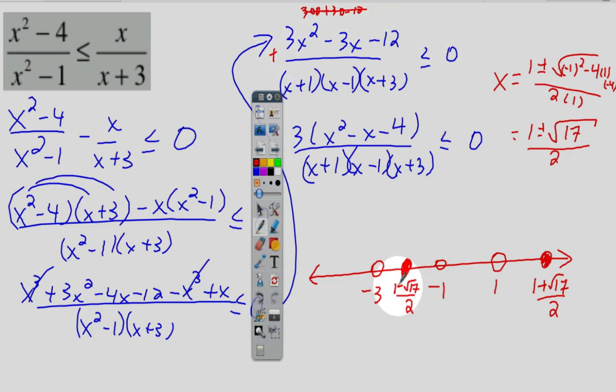And negative 10 will give you negative times negative times negative, which is negative. So 3 negatives and 1 positive is negative. And we're interested in that part of the graph. Then for something between these, you could pick negative 2.5.